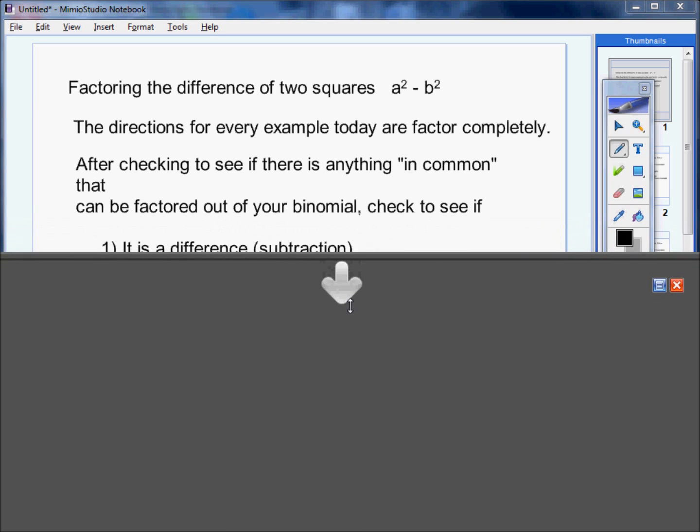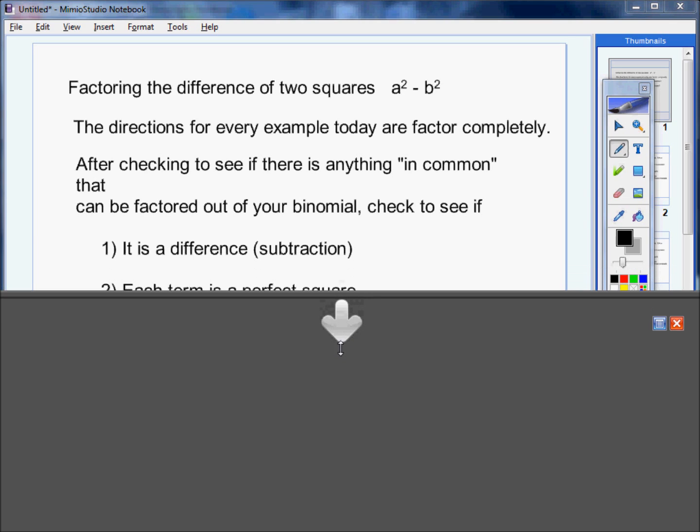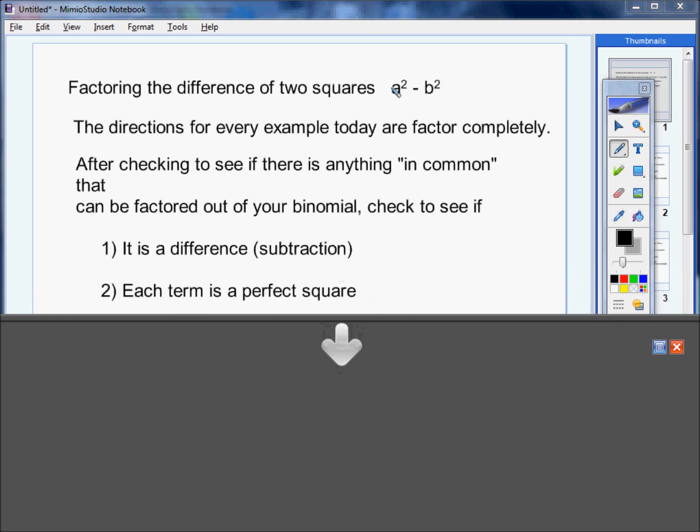Then you check, number one, if it's a difference, because we're talking about the difference of two squares. And number two, you need to check if each term is a square, because we can't use the difference of two squares method if you don't have a difference and two perfect squares.